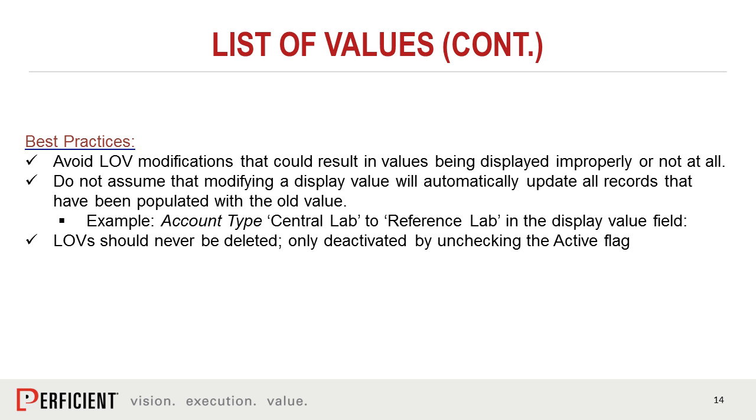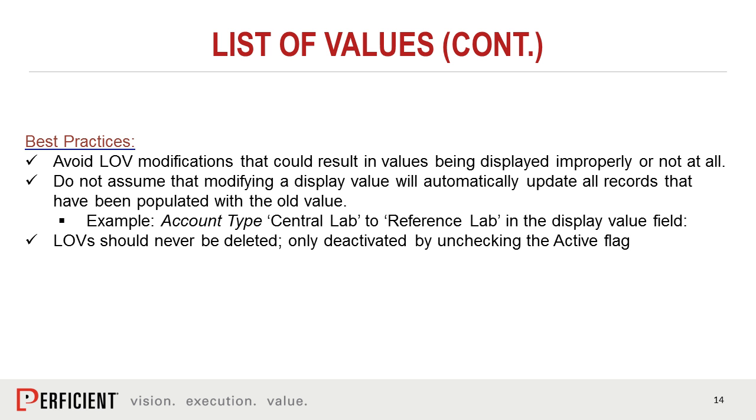Also, do not assume that modifying a display value will automatically update records that have been populated with the old value. An example is if we change the account type option of central lab to reference lab in the list of values administration, the list of values that are available are going to change, and the option of reference lab is going to be available in the drop-down list.